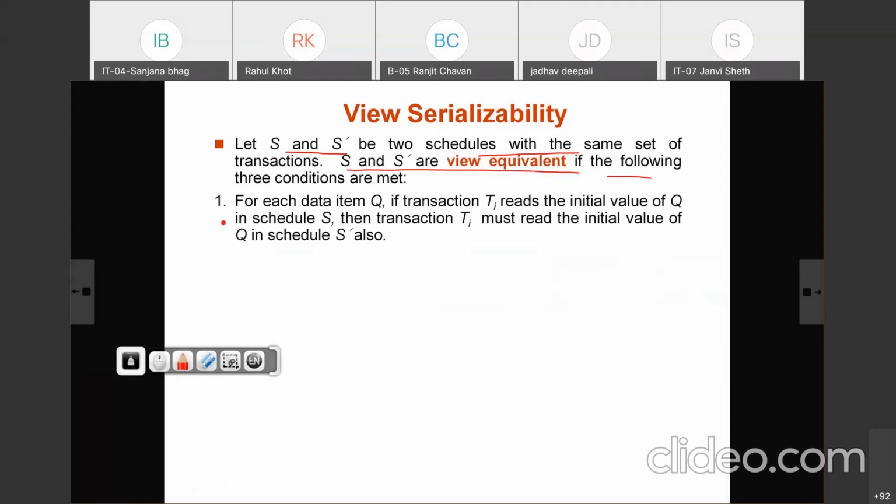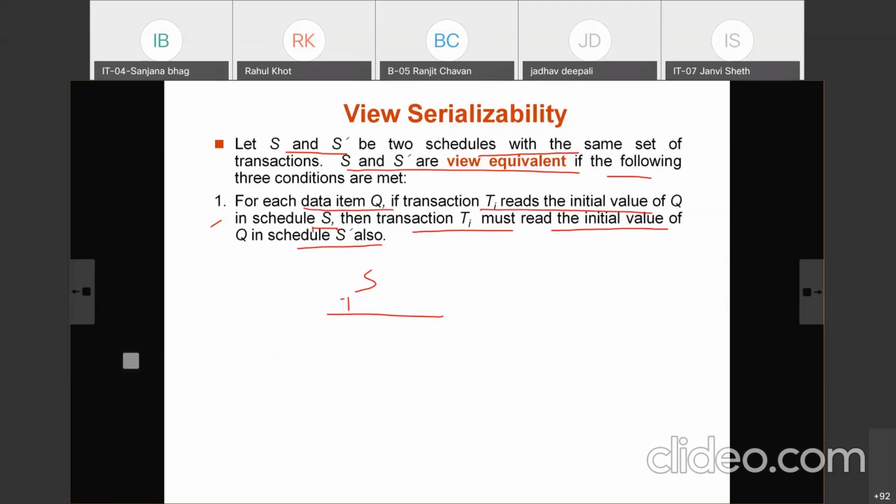What is the first condition? For each data item Q, if Ti reads the initial value of Q in schedule S, then the transaction Ti must read the initial value of Q in schedule S dash. We consider this schedule S with T1 and T2 or Ti and Tj, and the schedule S dash with the same transaction set Ti and Tj. If in this case Ti reads the initial value of A, then in this also the transaction Ti must read the initial value.